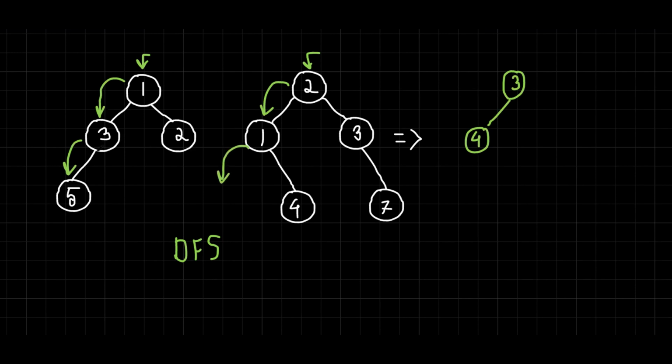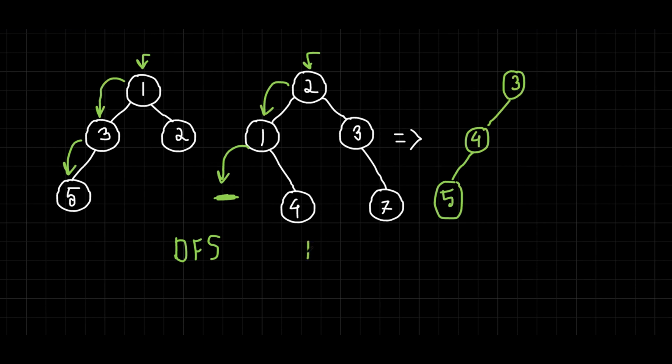But wait, 1 does not have any left subtree, but 3 does. So we have to add the value 5 here. That means if the left of 1 is null, we have to return this 5.